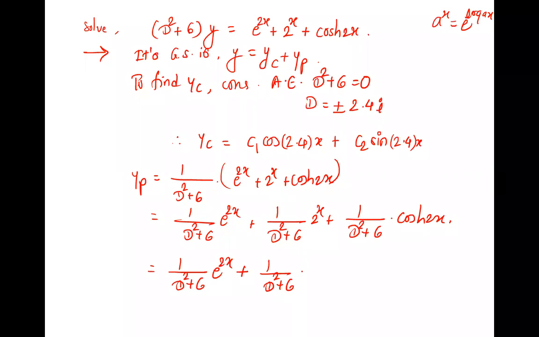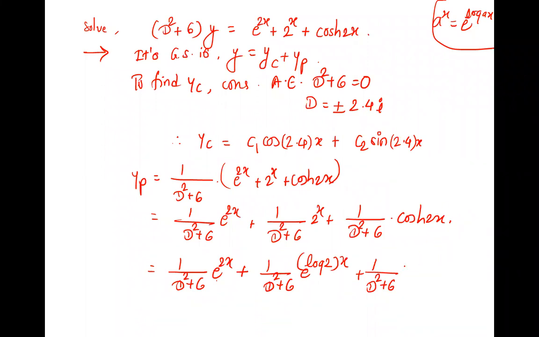So this I can write as e raised to (log 2)x. Very good. This is e. This is e. Here it is cos hyperbolic. How can we do that? Cos hyperbolic 2x is e raised to 2x plus e raised to minus 2x upon 2.